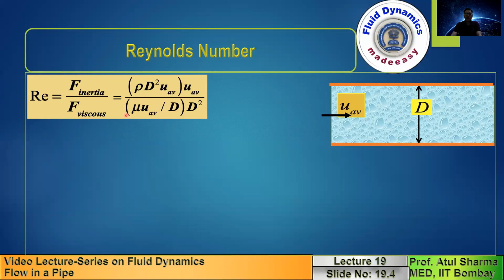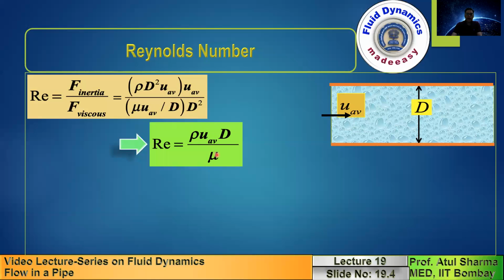So this is a representative scale of the viscous stress, and the scale of area is expressed in terms of d square. So when you take the ratio of these two, the d square cancels from the numerator and denominator. This u average also cancels, and you get rho u average into d divided by mu.